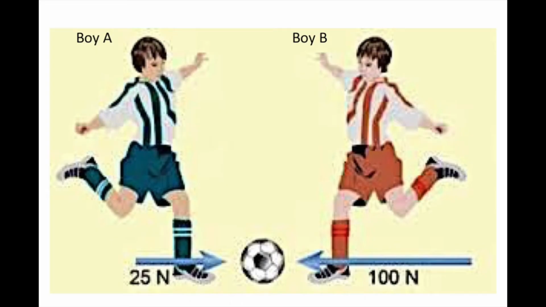Boy A kicked the ball with a force of 25 newtons, while Boy B kicked the ball using 100 newtons. Who kicked the ball the farthest and why? If your answer is Boy B, you are correct. Boy B applied a force of 100 newtons, greater than the force applied by Boy A, which is only 25 newtons.